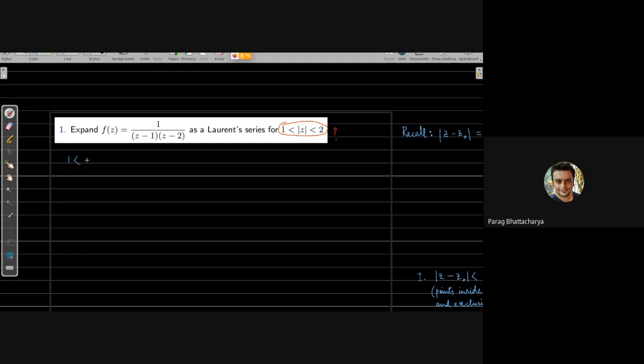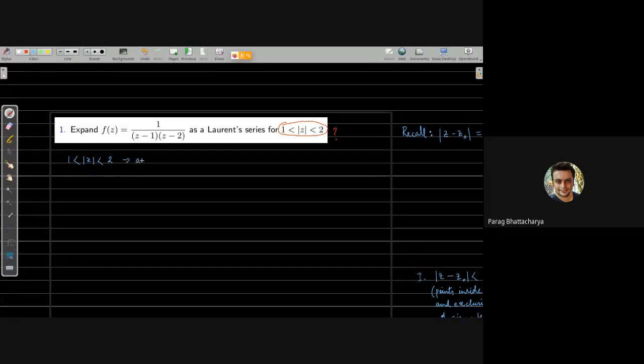This is basically an annulus with inner radius 1 and outer radius 2.